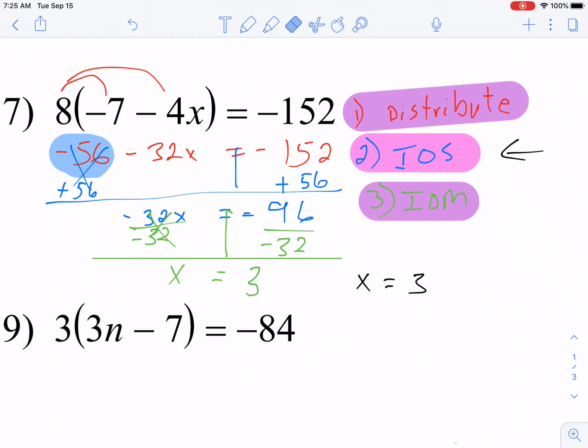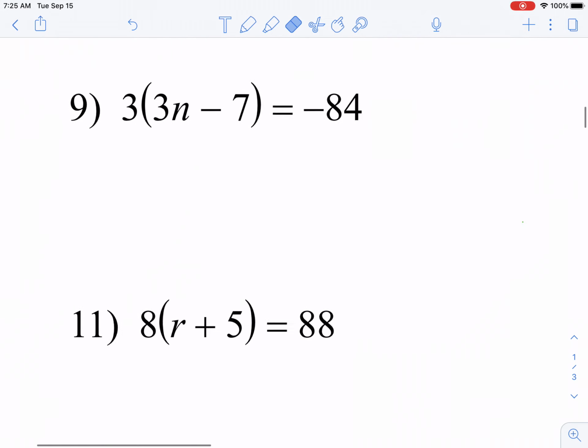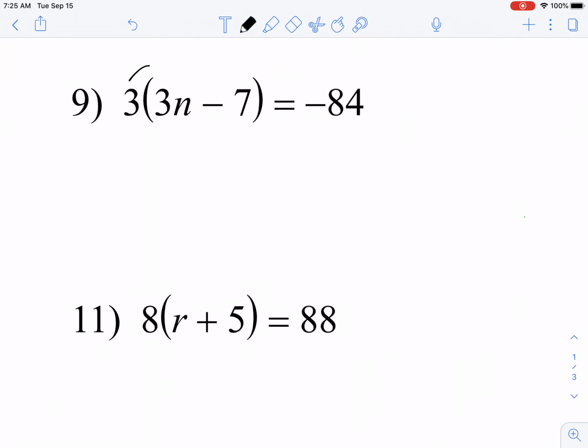So moving on to the next problem, we're going to look at 3 times 3 and 3 times negative 7. So the first step is to do distributive property, or to distribute. So 3 times 3 is 9. N comes down. 3 times negative 7 is negative 21.